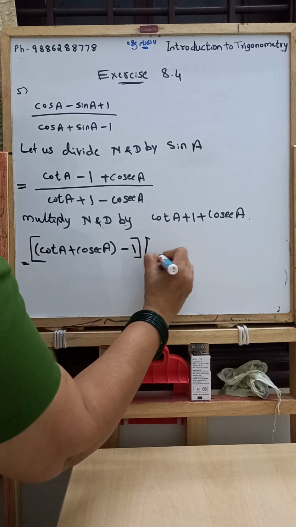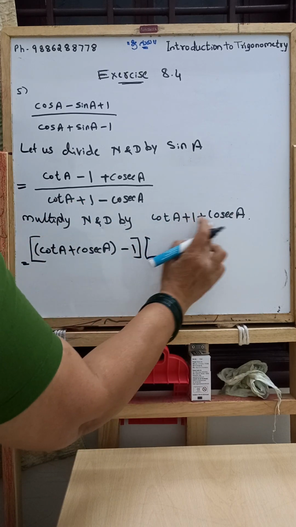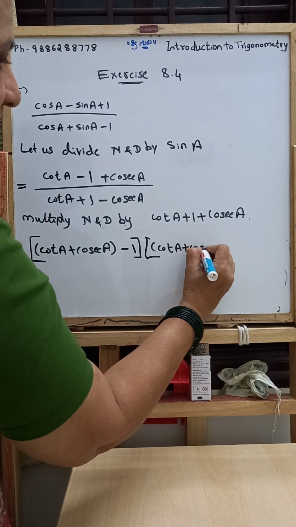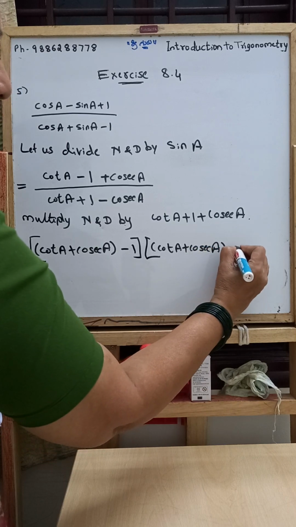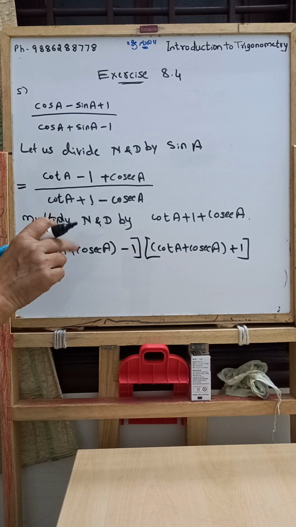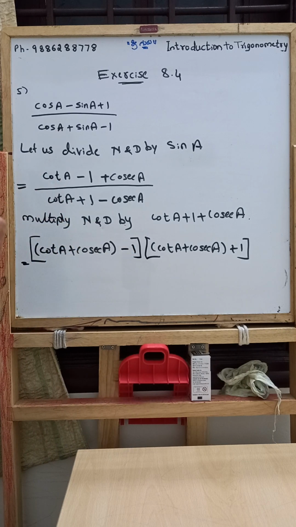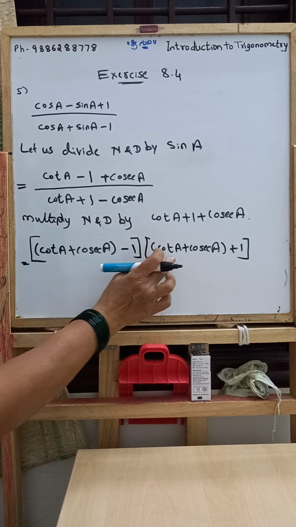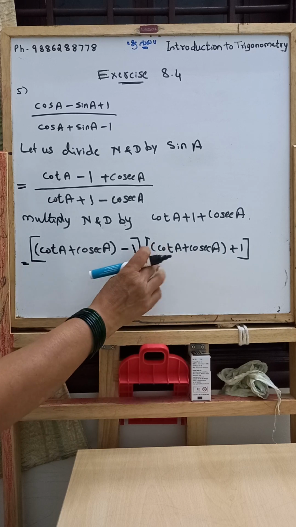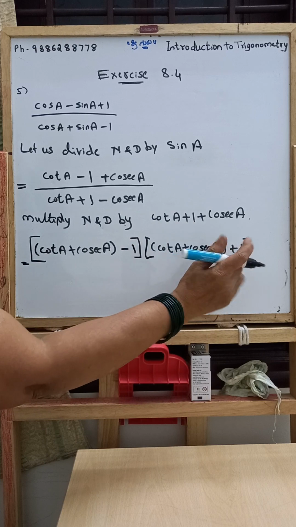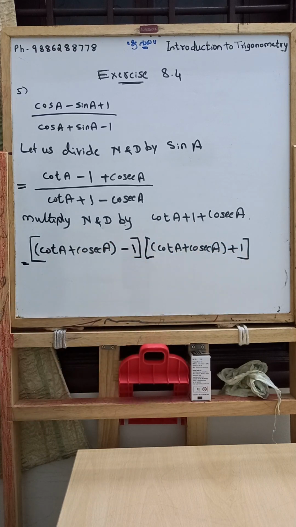And this cot A plus 1 plus cosec A as (cot A plus cosec A) plus 1. See, we used the associative law for addition and wrote accordingly. Why? Because cot A plus cosec A is the first term of this expression, and minus 1 plus 1 is the second term of the expression in the numerator.